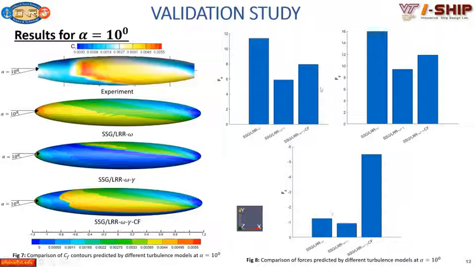You can see the same trends in the three force components here, where the cross-flow transition model predicts a larger span-wise force component compared to the other two models.